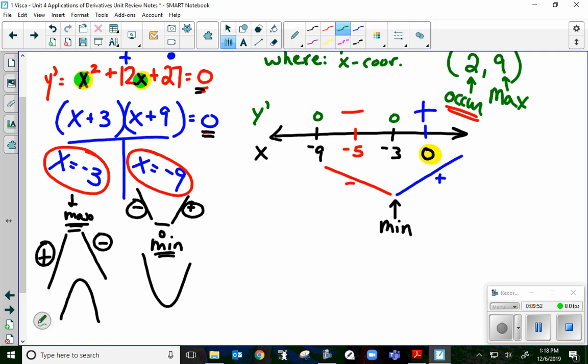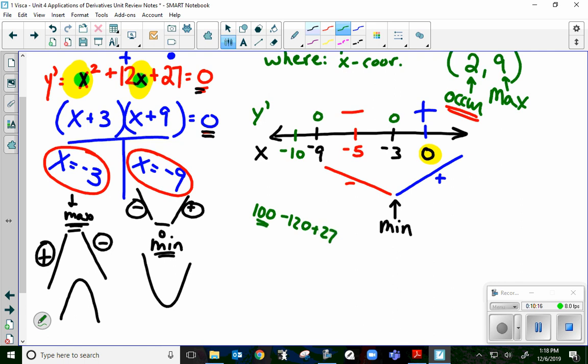Now let's try one more number. Let's try negative 10. Okay? And I'm going to put negative 10 in for my x. All right? So I have negative 10, if I square it gives me a positive 100. 12 times negative 10 is negative 120, plus 27.